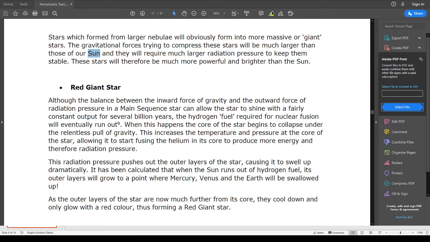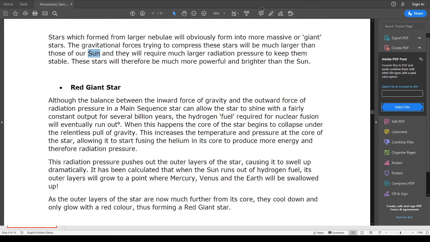So the gravitational force trying to compress these stars will be much larger than those of our sun. Clear? So now, if you have more fat guys on the left of a tug of war, then you will need more strong guys on the right as well to balance, right?